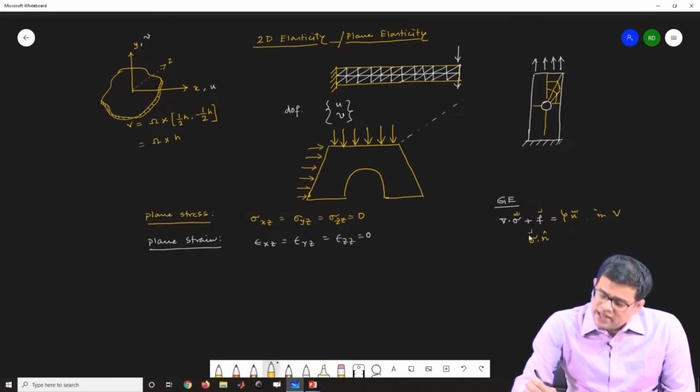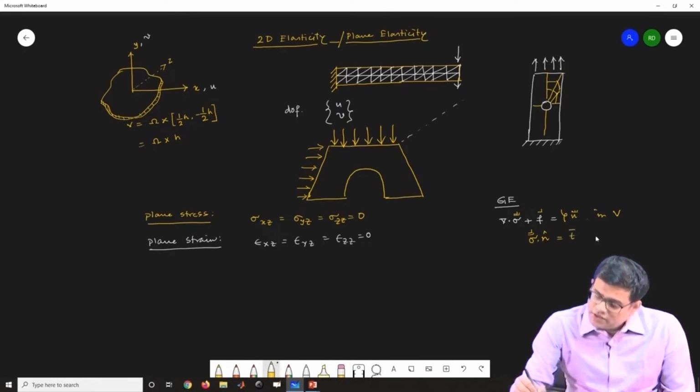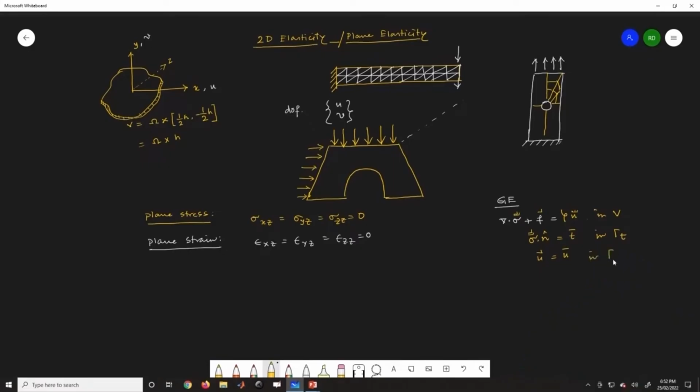This is again a stress tensor, so the dot product will create a vector; n is also a vector, a three-dimensional normal vector. This is the applied, or prescribed, traction on the traction boundary, that is Gamma t. And then you will have the u vector known on some portion, that is the Dirichlet boundary or displacement boundary. So that's the basic thing.